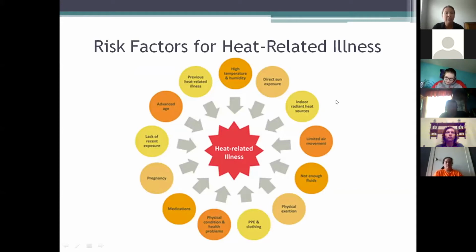And lastly, if they have a history of previous heat-related illnesses, that's going to be another risk factor.